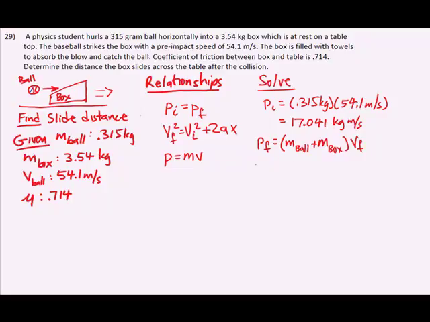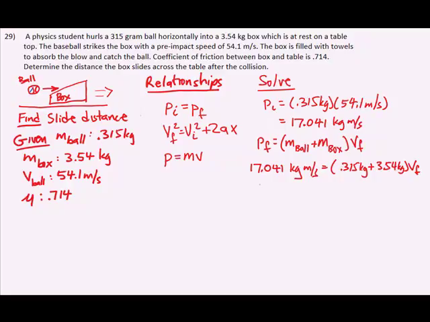So let's put some numbers in here. I have 17.041 kilogram meters per second equal to the mass of the ball, 0.315 kilograms, plus the mass of the box, 3.54 kilograms, times that velocity. We've solved for everything but our final velocity.